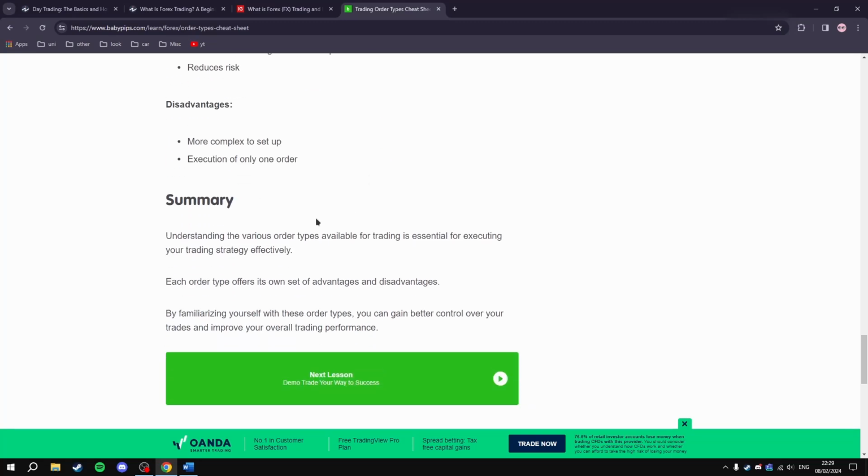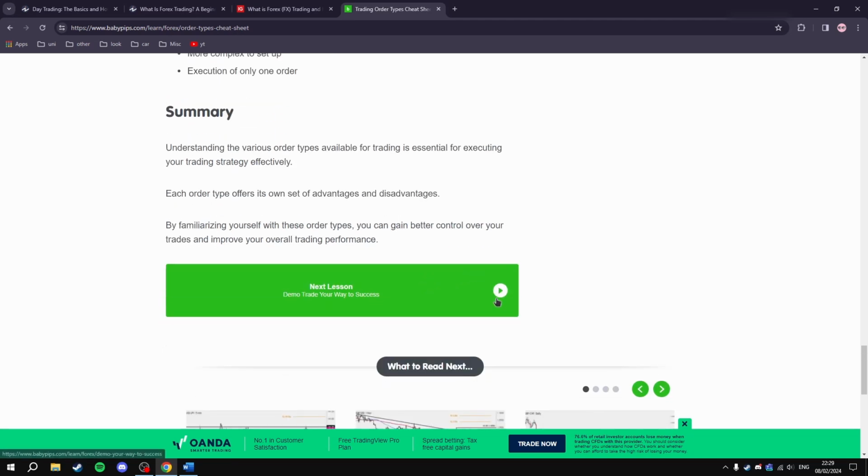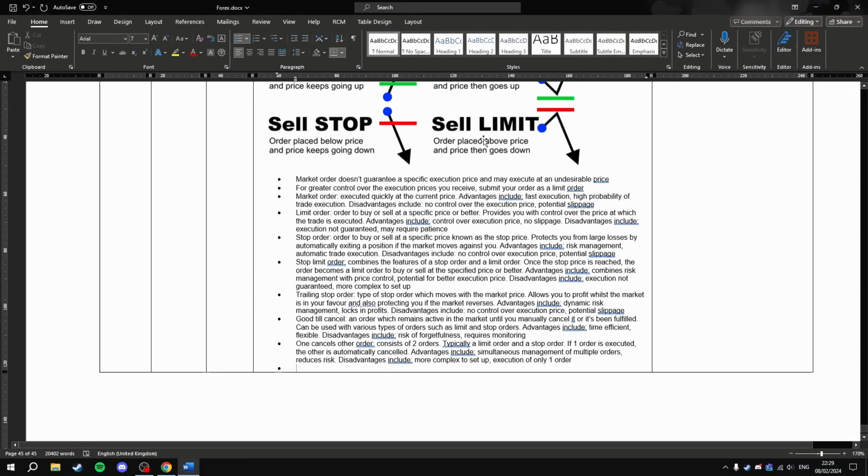Summary. Understanding the various order types available for trading is essential for executing your trade strategy effectively. Each order type offers its own set of advantages and disadvantages. By familiarizing yourself with these order types, you can gain better control over your trades and improve your overall trading performance. So if I do summarize this, I think I'm probably going to make a table.